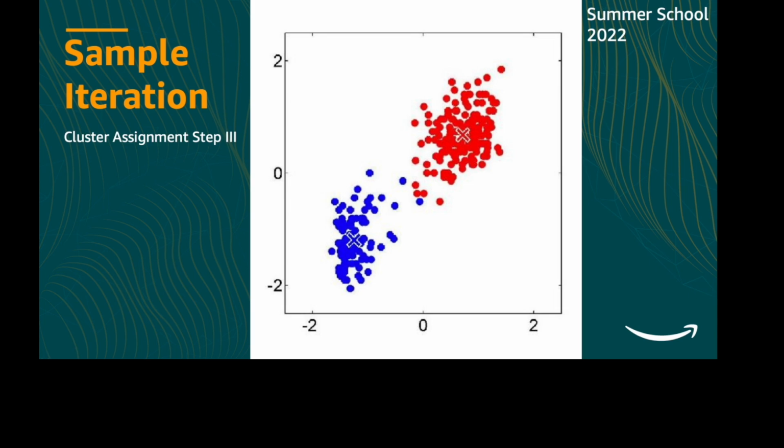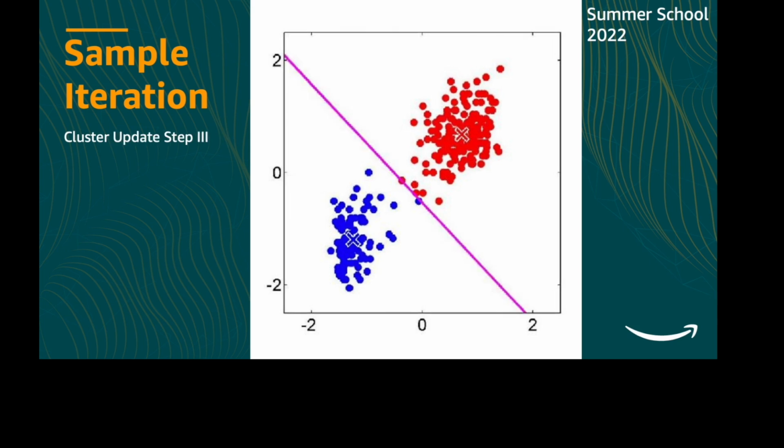Now we can keep on performing step 3 and step 4 until we see that the points are not changing their cluster assignment. So say we decide that after the cluster assignment step, 99% of the points retain their cluster membership as compared to the earlier step, then we stop the algorithm.